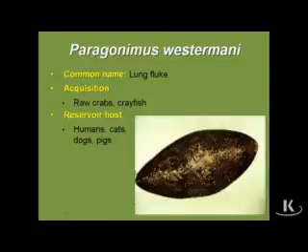All right, Paragonimus westermani is the lung fluke. This is the only parasite that actually really targets the lungs. Most of the other parasites that we're going to talk about use the lungs to get to other places in the body, but they do not target the lungs like Paragonimus. We acquire Paragonimus through eating undercooked crabs or crayfish. The reservoir hosts are humans and domestic animals, but also farm animals such as pigs.